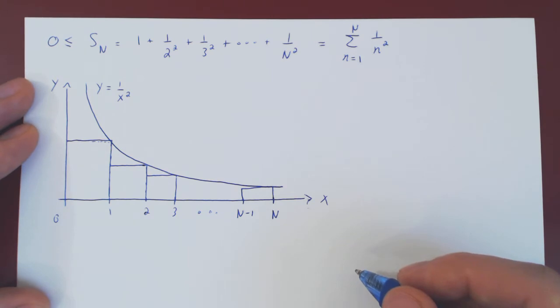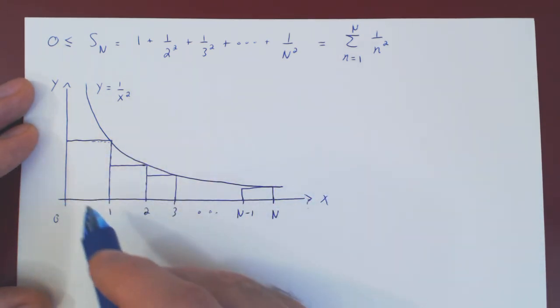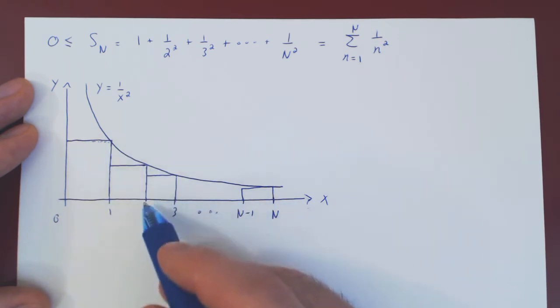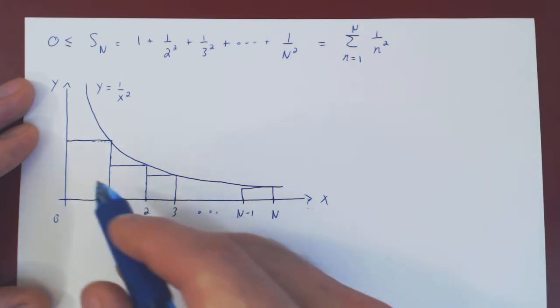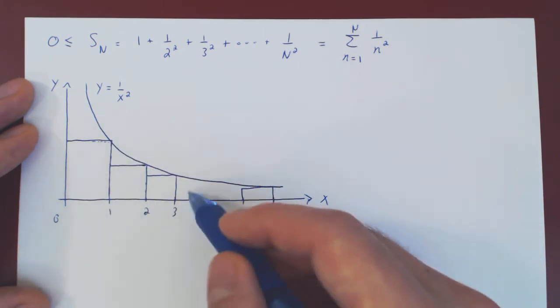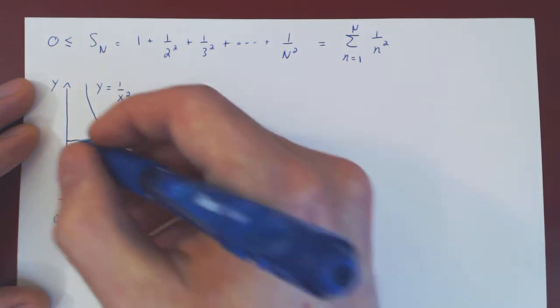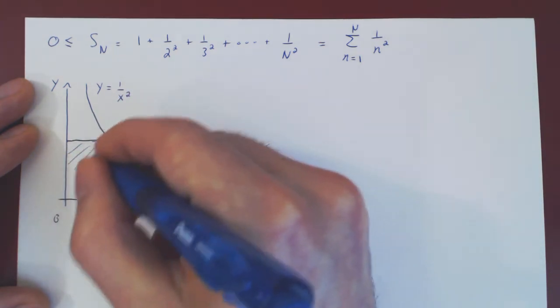Now let's see. The area of each rectangle is the length of the base times the height, but the width of each rectangle is 1. So the area is simply the height of the rectangle. The height here is, well, 1 over 1 squared, which is 1. So the area of this rectangle is 1.